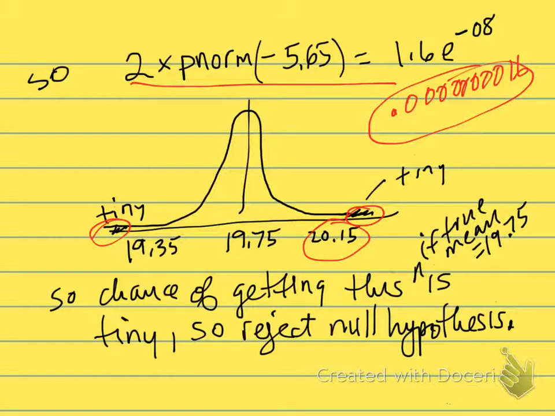The probability that we'd find a sample as far away from 19.75 as 20.15, as far away on either side, so we're doing this two-sided test, the probability that we'd find a sample as far away from 19.75 as the sample that we do find, which is 20.15, that probability is tiny. And so since it's so small, probably what we should do is reject our null hypothesis or modify our null hypothesis, or think that, well, maybe the mean age of students at Santa Clara is actually higher than 19.75.